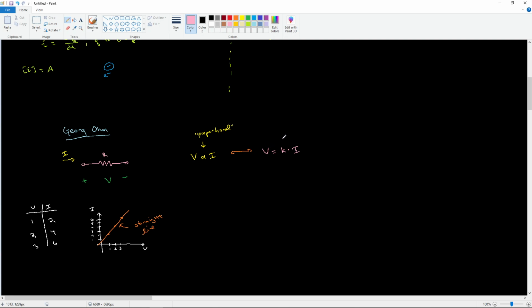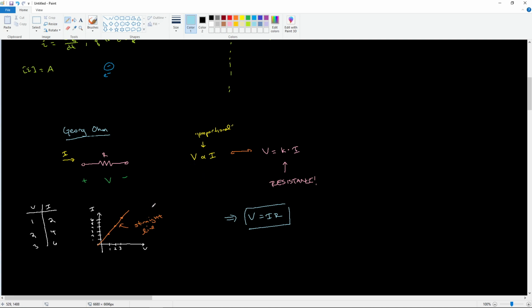And Georg Ohm was saying that this scaling factor is actually resistance. And so this is where we get Ohm's law from, where V is equal to IR. And R being the constant of proportionality for the proportionality that voltage is proportional to current.